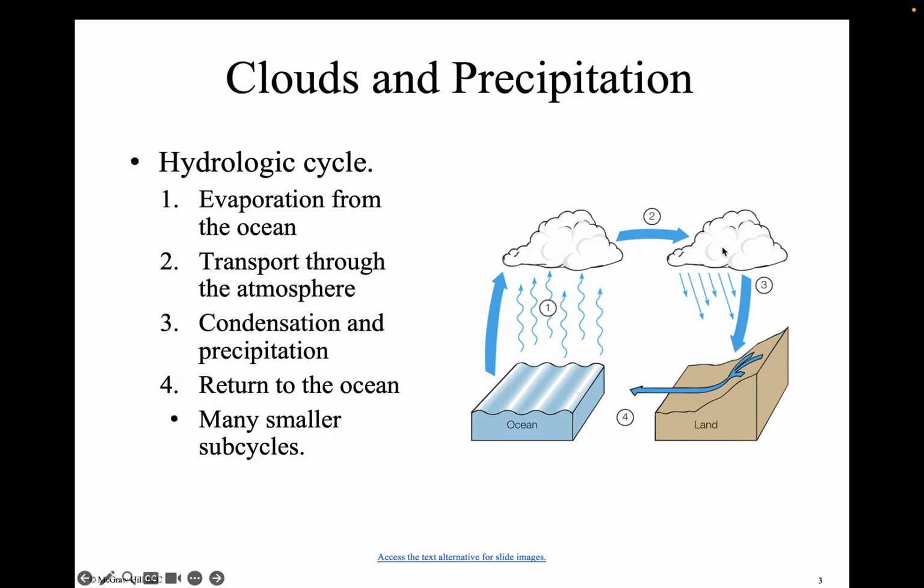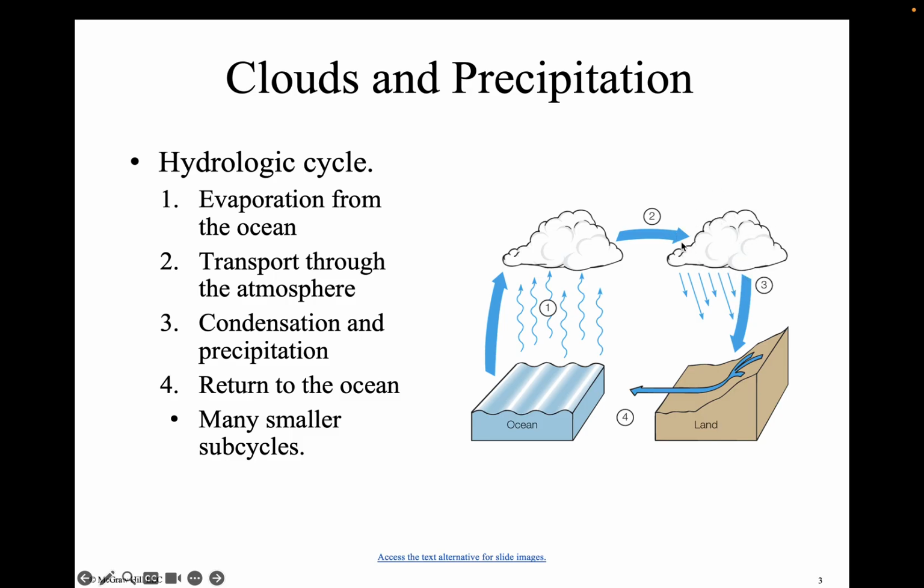Then the second process is when these clouds, this vapor of water, are transported to other locations. They can either be stationed or transported elsewhere in the atmosphere. Eventually, they will condense and precipitation will occur.